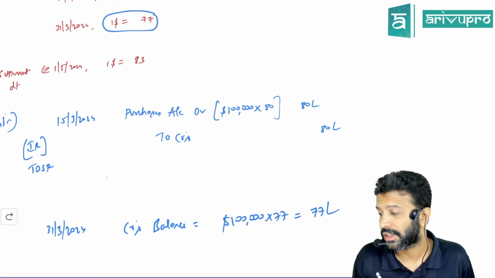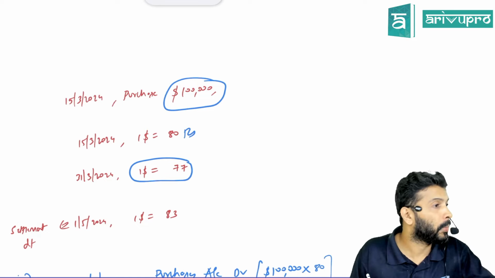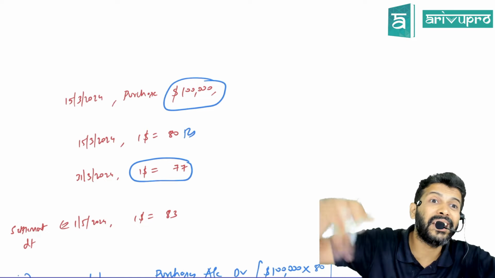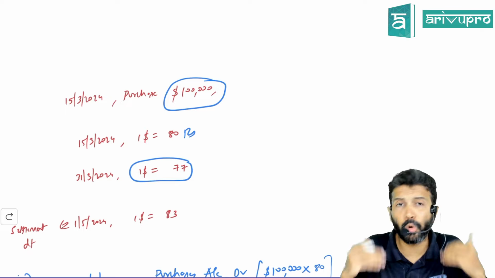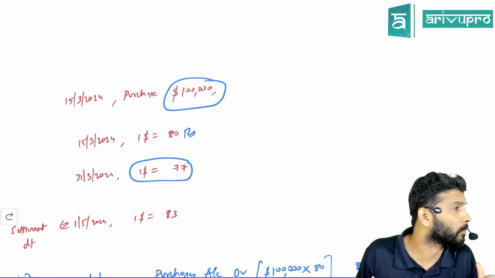Is it a sad or happy scenario? Initially, to pay $1, I had to give away 80 rupees. But on 31st March, I can purchase $1 by paying just 77 rupees. So I'm paying fewer rupees; it is a happy scenario.